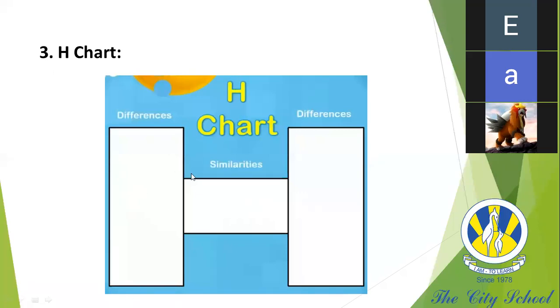The letter H. The two sides are the differences, and in between this line is for the similarities. I hope it's clear. This is the simplest one. In between there are similarities, and on the sides we have differences.